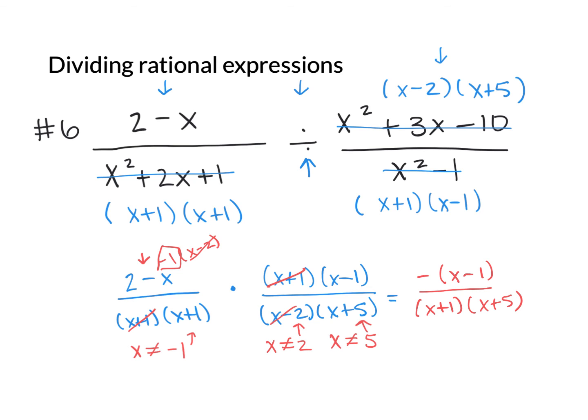We also have to think that x cannot equal 1, and that came from before we did the flip. So our restrictions will be x cannot equal negative 1, 1, negative 5, or 2. And that's as far as we have to go on that problem. This was arguably the longest one of these, and I would say it is still pretty manageable.